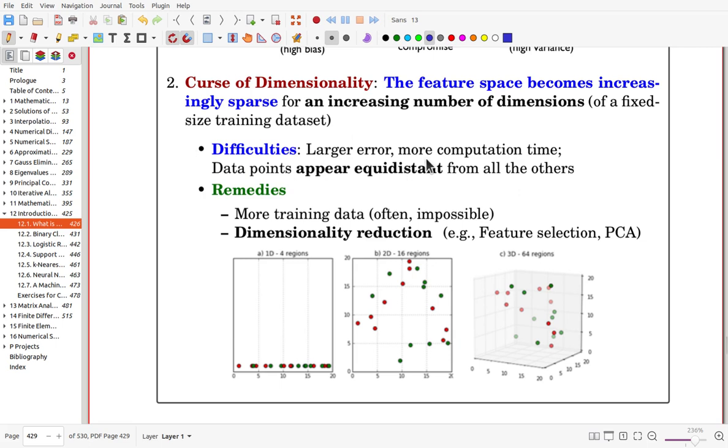in machine learning it's much harder, and possibly accuracy will go down. Larger error, more computation time, and data points appear equidistant from all the others. To overcome this issue, you may need more data points. Again, it is not possible in most cases.